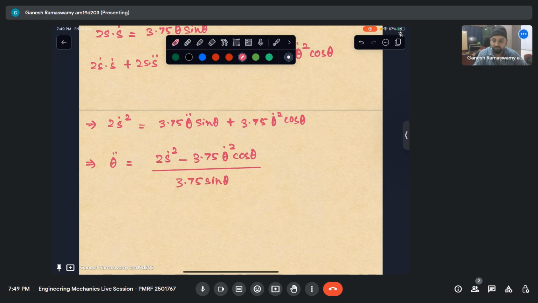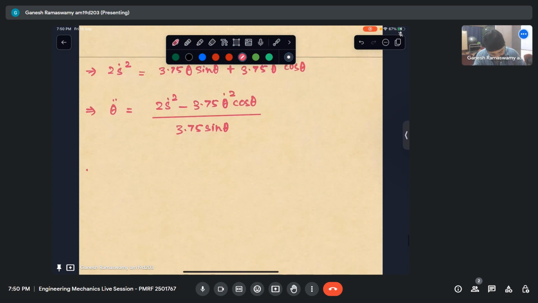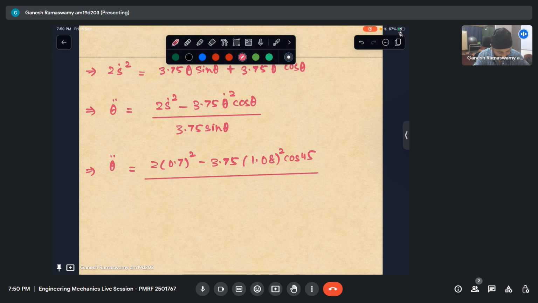So let us just substitute the values. This I have as 0.7, which is constant as given in the question, minus 3.75 into theta dot, which I got as 1.08, squared, into cos 45, divided by 3.75 into sine 45. So this is my angular acceleration of the window.